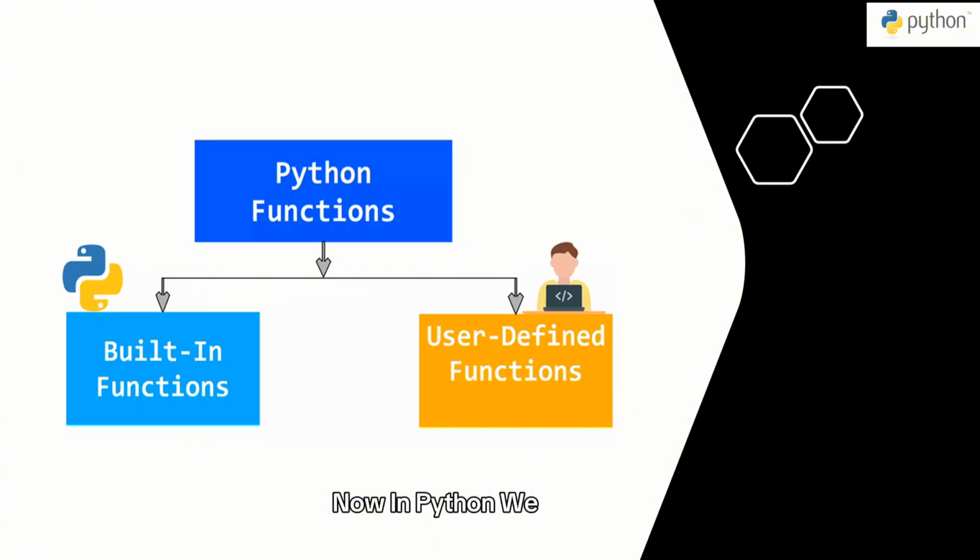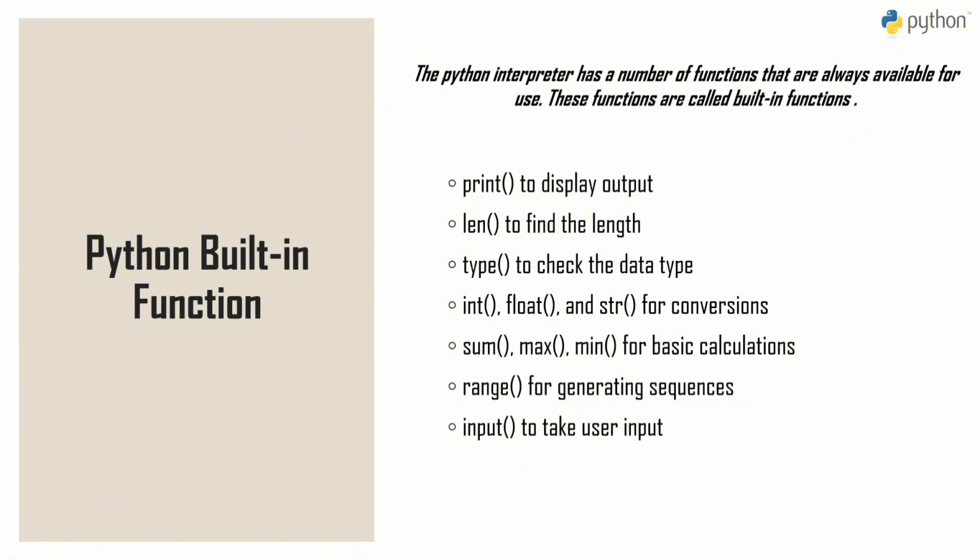Now in Python we have two types of functions, built-in functions and user-defined functions. Built-in functions are already predefined. The Python interpreter has a number of functions that are always available for use, right? Some examples are print, to display output.